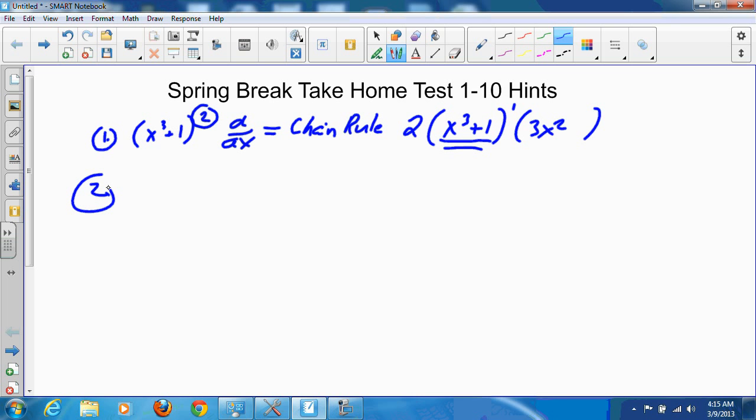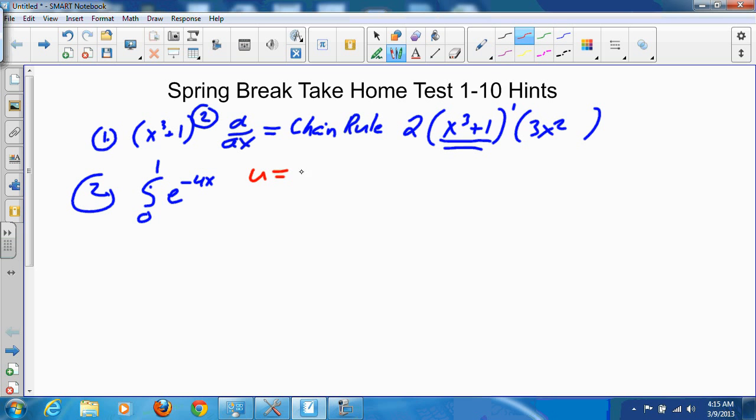And on the second problem, we're taking the integral and evaluating it from 0 to 1 of e to the negative 4x. So I'm thinking the first thing you need to do is a u substitution.